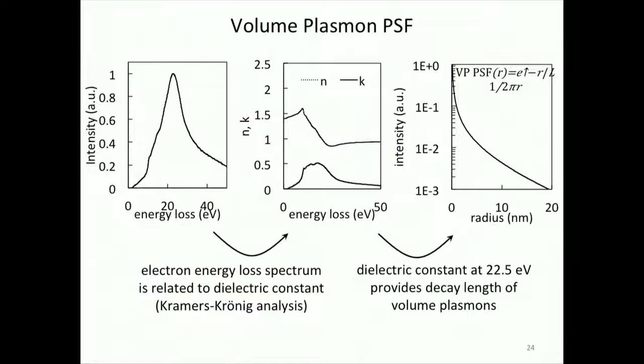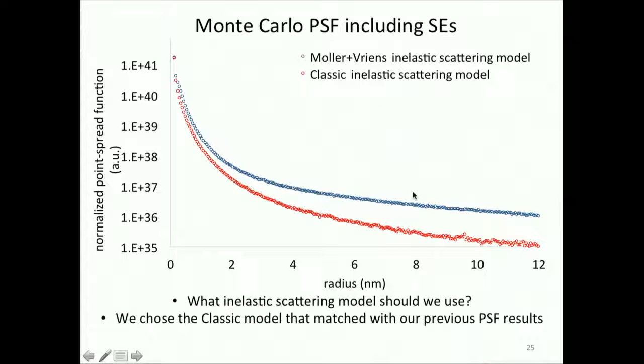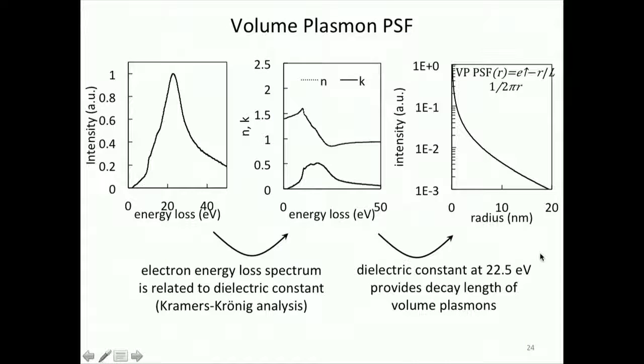So I consider that the volume plasmon at 22.5 eV decays just like an electromagnetic wave at 22.5 eV. And then I can extrapolate the decay length of volume plasmons.